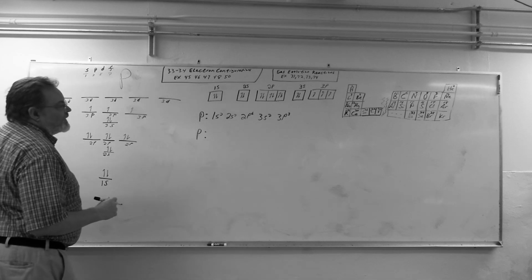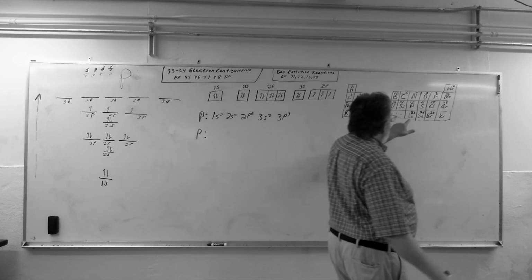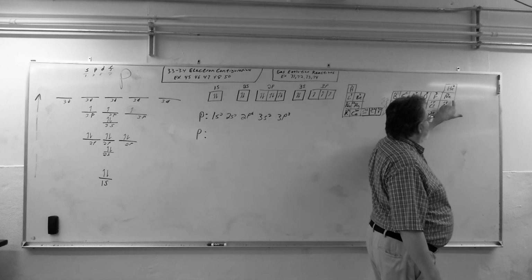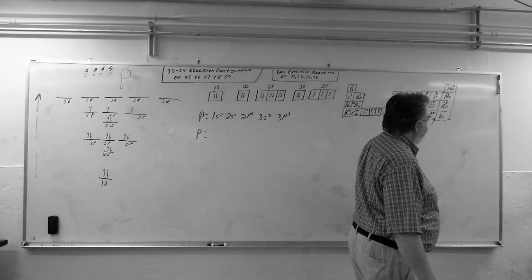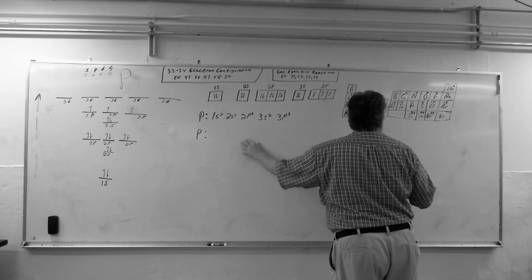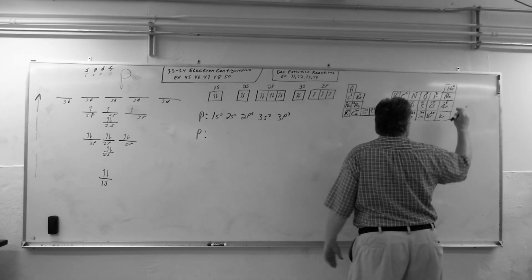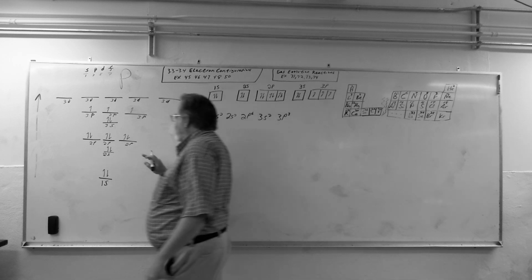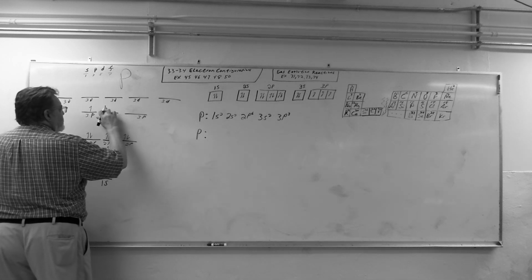Well, let me back up. Let's just stop with phosphorus and let me do neon, one of these noble gases, and then I'll show you what this last way is. So it says, do the electron configuration of neon. What's the first thing you do?